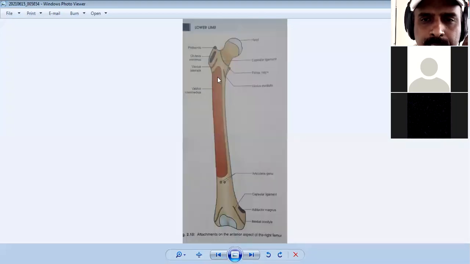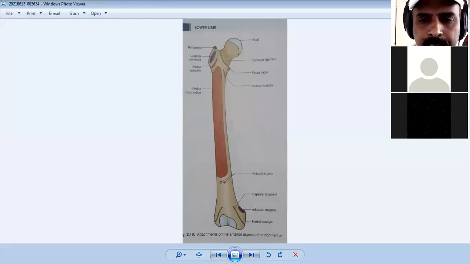Then we have the lower part of the intertrochanteric line, that is vastus medialis. So these are the three vasti muscles: vastus medialis, vastus lateralis, and vastus intermedius. They are the three vasti muscles originating from the shaft of the femur.